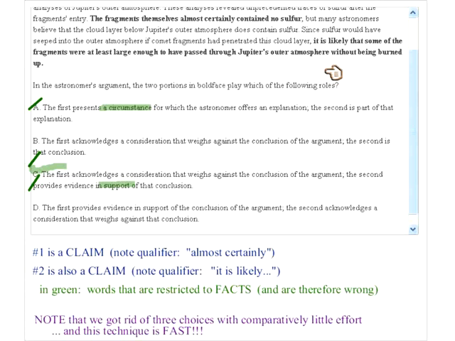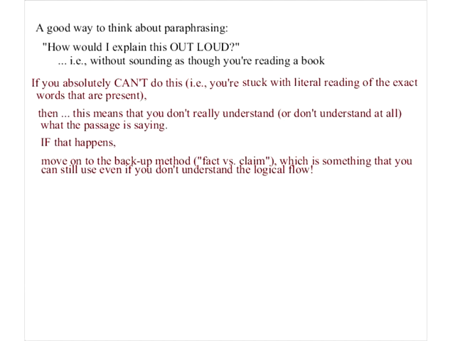Okay, that brings us pretty much to the notes screen. By notes screen, do you mean that one? Which notes screen? Okay. Yeah, there's a lot of words here, but basically it's a 2-tiered process. It's basically try to understand it, and if you don't understand it, go with the backup method.